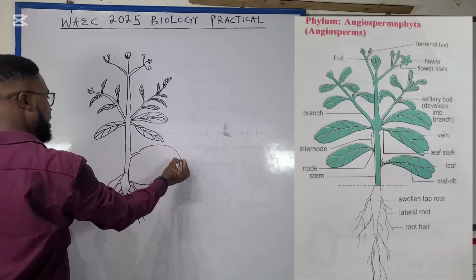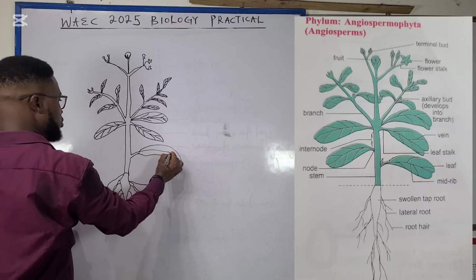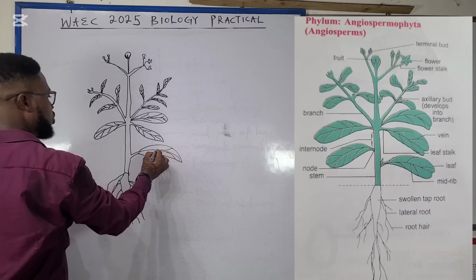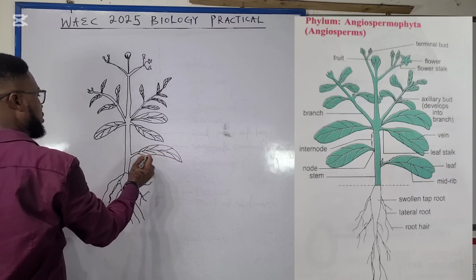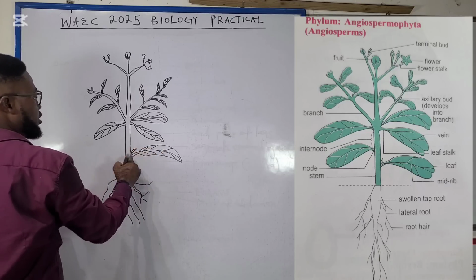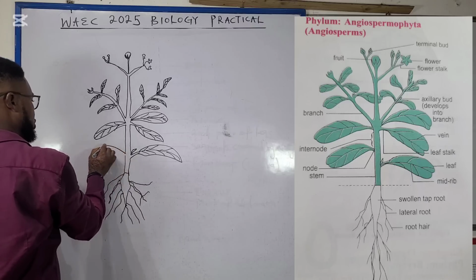And from here, I have my leaves budding off, and it's going this way. It's beginning to take shape. And here, I'm going to have something tiny budding off. And then here, I could have another leaf that goes direct.